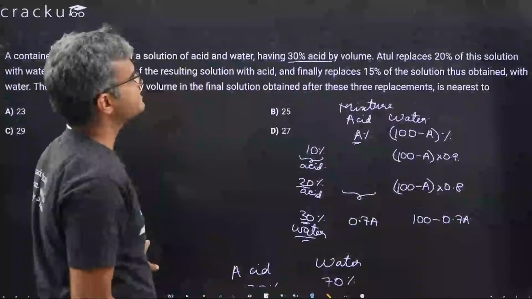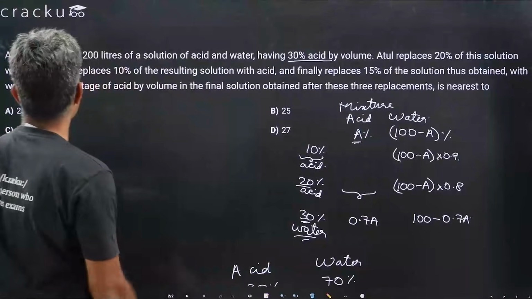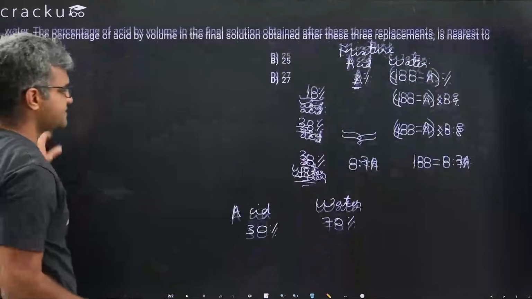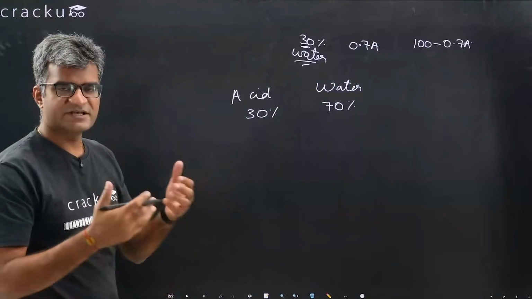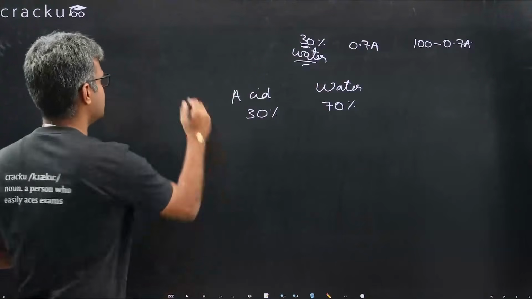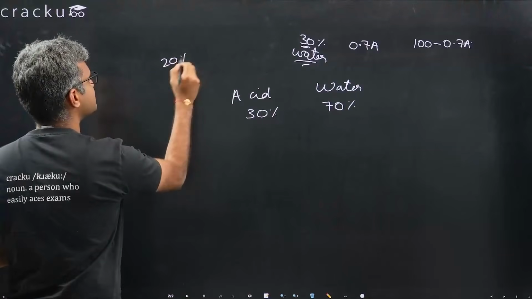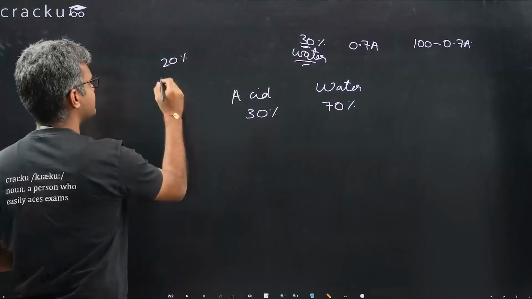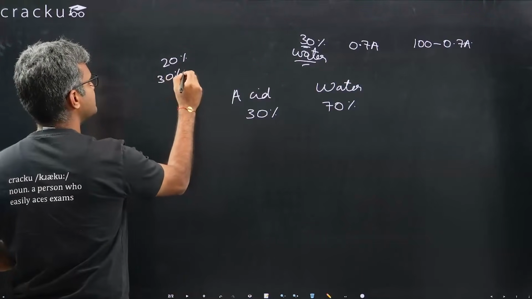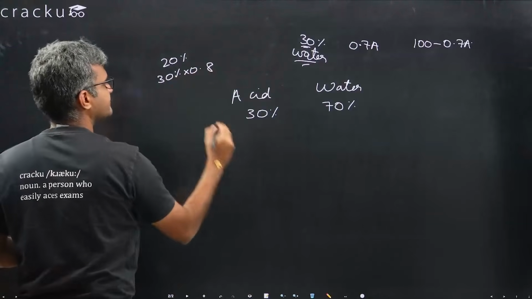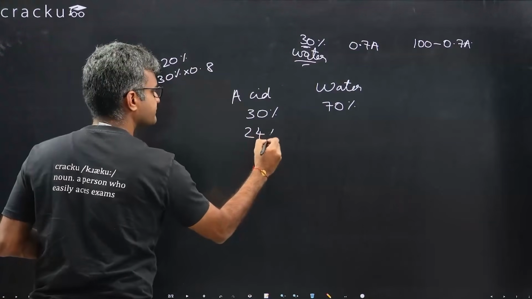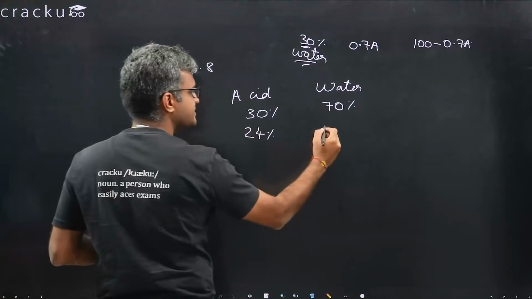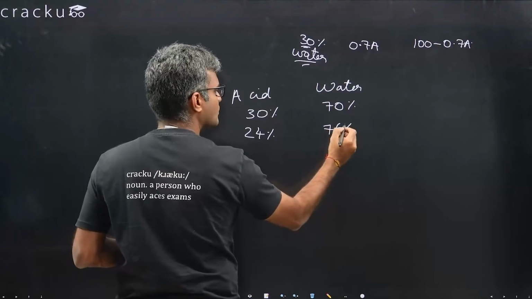The first replacement is 20% of the solution is replaced with water. If it is replaced with water, we decrease the composition of acid by 20%. So the amount of acid becomes equal to 30% into 0.8, which is 24%. And the remaining 100 minus 24, that is 76%, will be water.